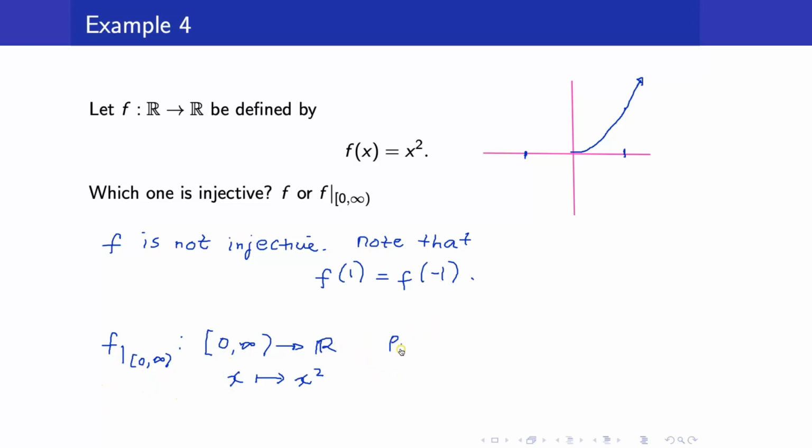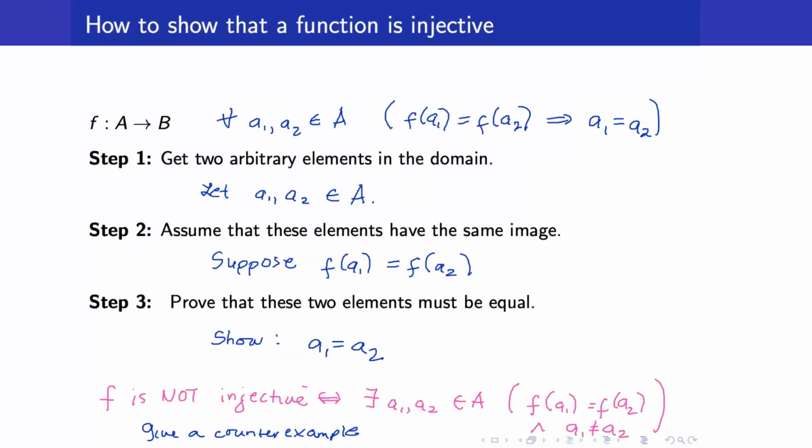For our proof, we get two arbitrary elements in the domain. The nice thing here is that the domain is now the set of non-negative numbers. So we let x1 and x2 be elements of the domain. That is step 1, two arbitrary elements in the domain, and then assume that they have the same images.